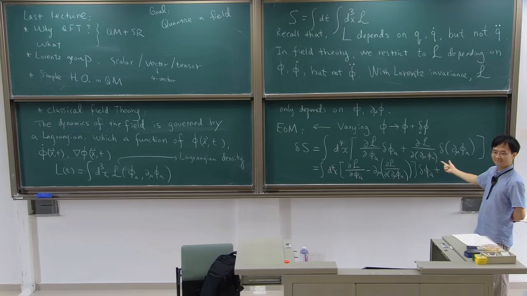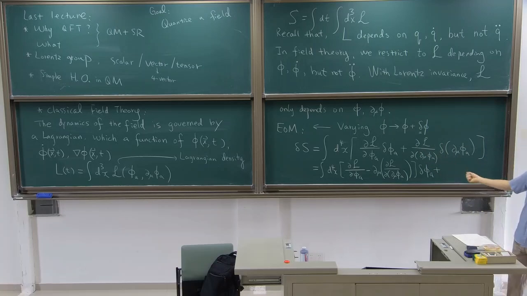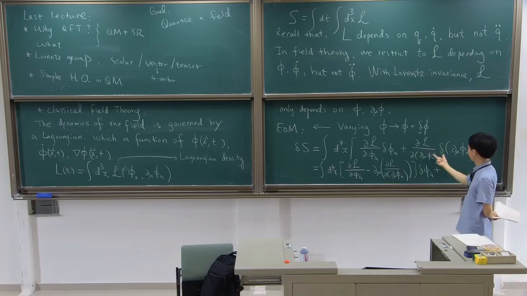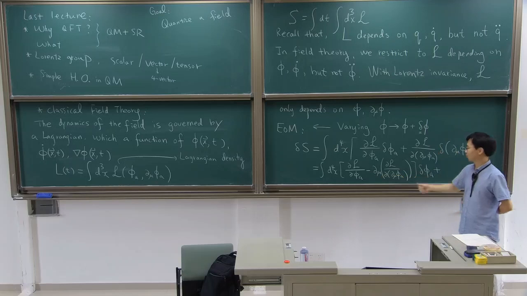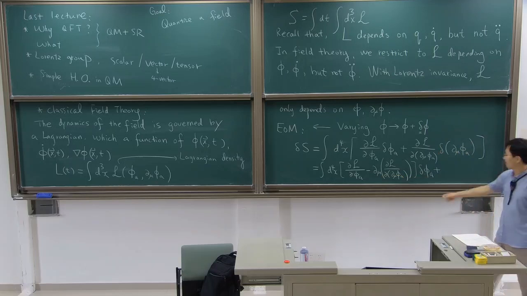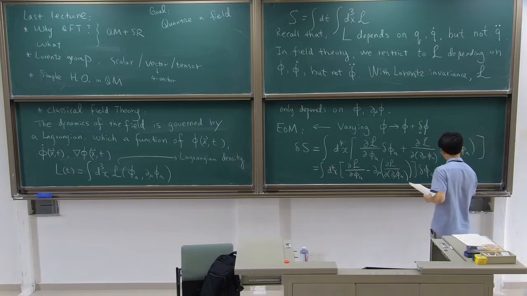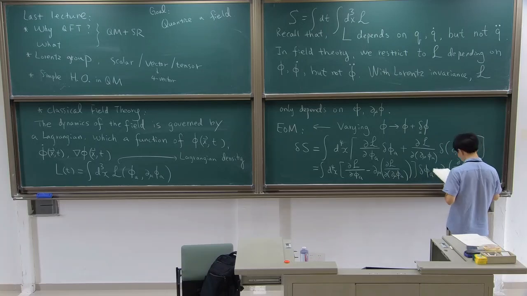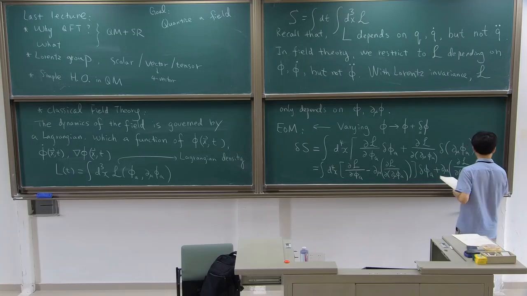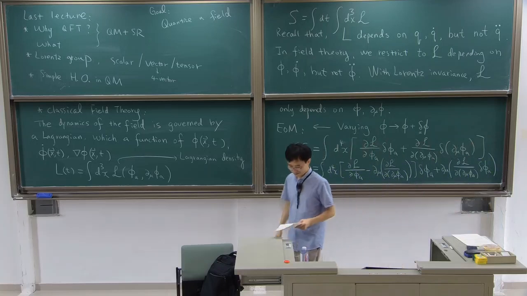Now we can transform this term into a total derivative minus something, right? If you combine with this term, it forms a total derivative. You see? And the remaining thing will be a total derivative.